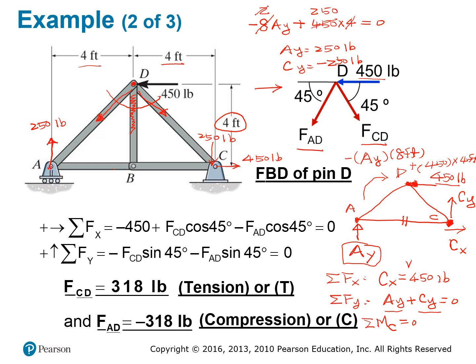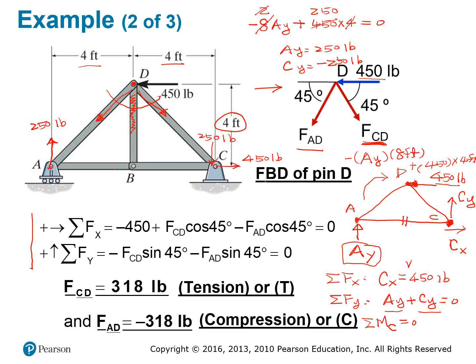And again, you can just use summation F of x. In this case, you use summation F of x and summation F of y, which is these two equations, to solve the problem. When you look at x direction, D is x direction, but it's a minus 450. This one will have an x component, which is going to the positive.